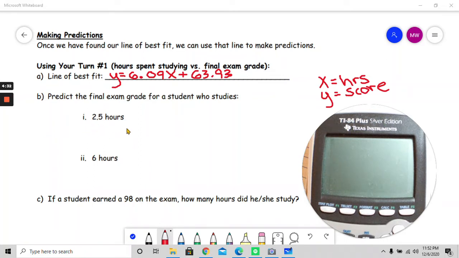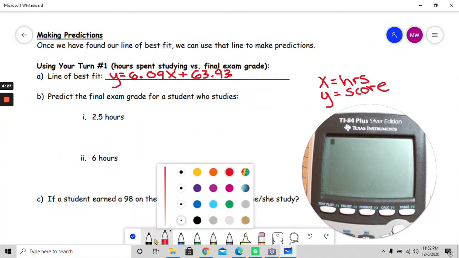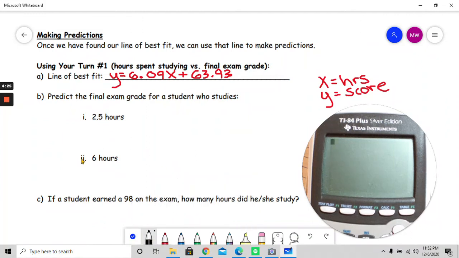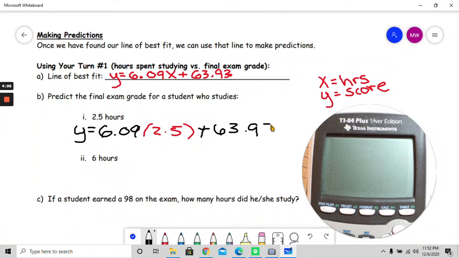So it's asking us to find the final exam grade for a student who studied for 2.5 hours. So what I'm going to do is I'm going to say y equals 6.09 times 2.5 plus 63.93.